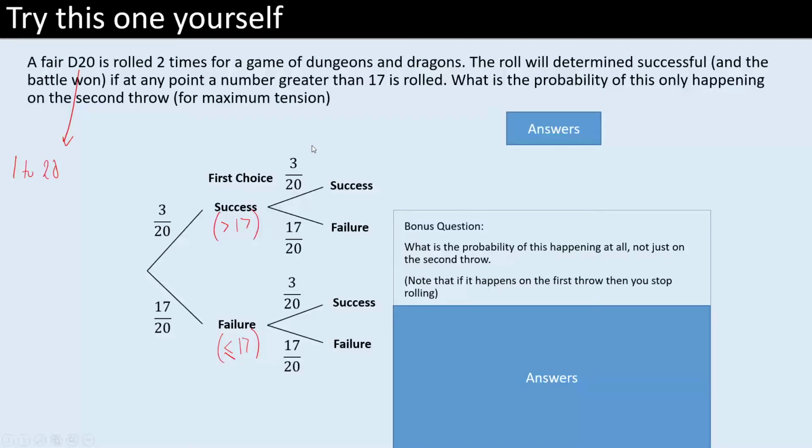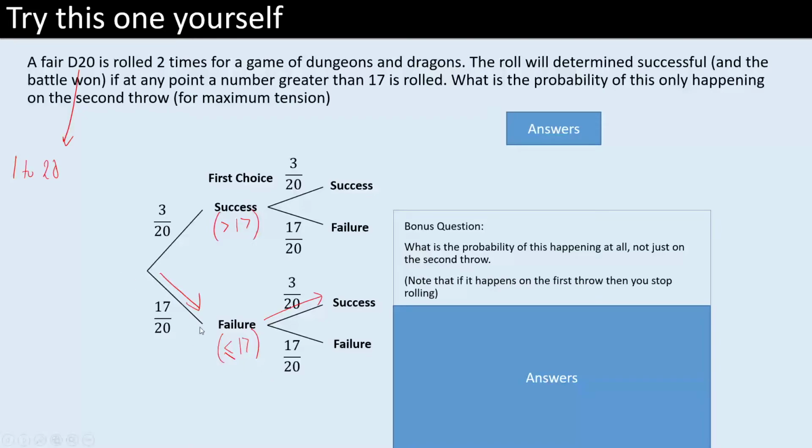So now we want to know what is the probability of this only happening on the second throw, for maximum tension. So the second throw means that it has to fail in the first one. So we're going to go down here and then over to our success on the second throw.